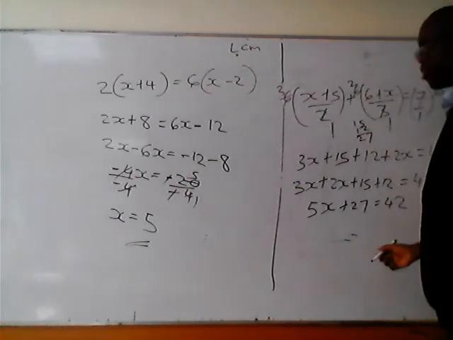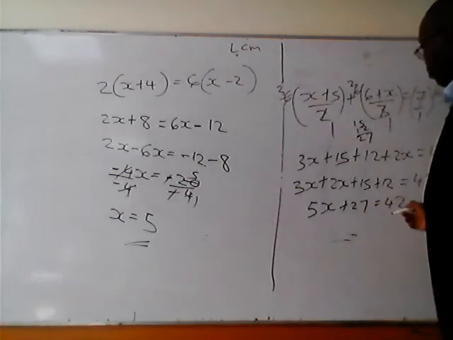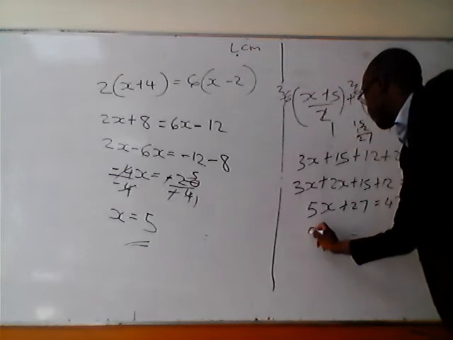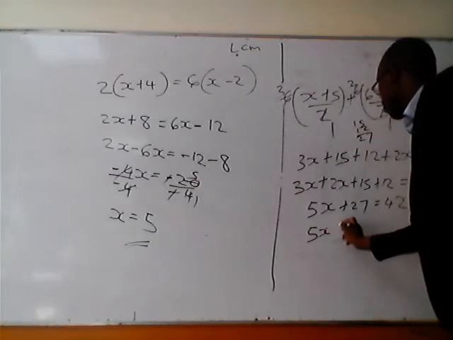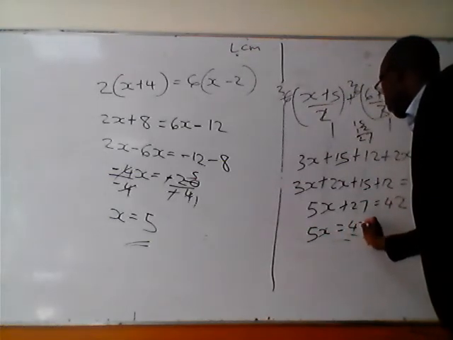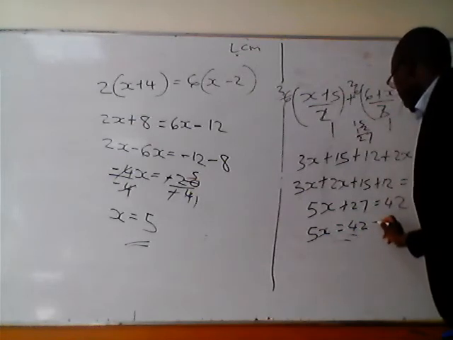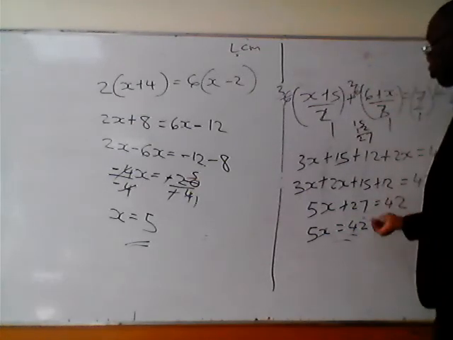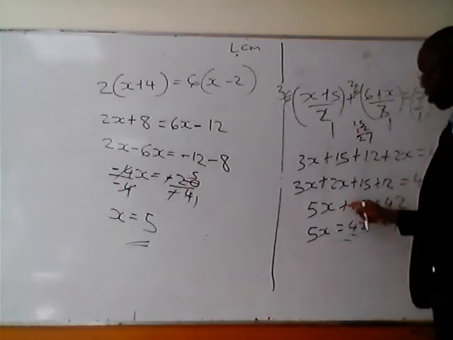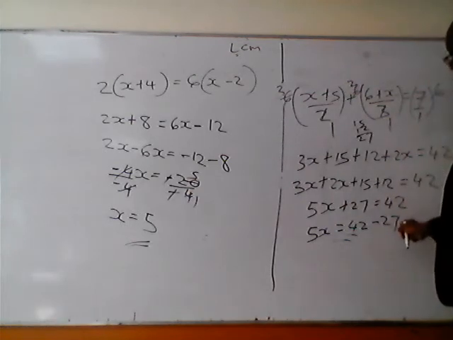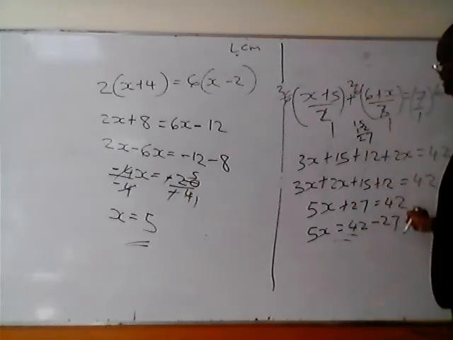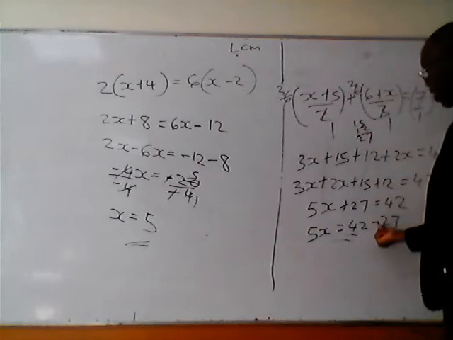So at the end of the day, it's going to be 5x is equal to 42 minus 27. It's going to be a minus because this was plus 27, and once it crosses the equal sign, it's going to be a negative.